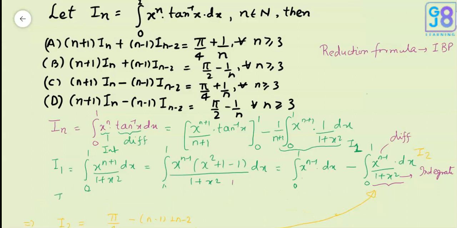Once I have done all that substitution and simplified, we get I1 equal to x to the power of n by n, limit from 0 to 1. We have performed this integration which we had left earlier, minus I2, which simplifies to 1 over n minus pi by 4 plus n minus 1 times In minus 2.